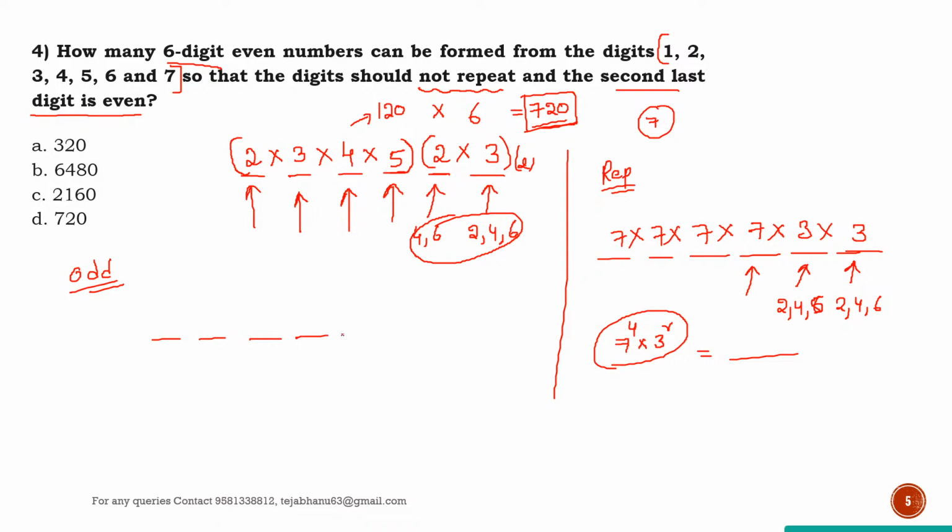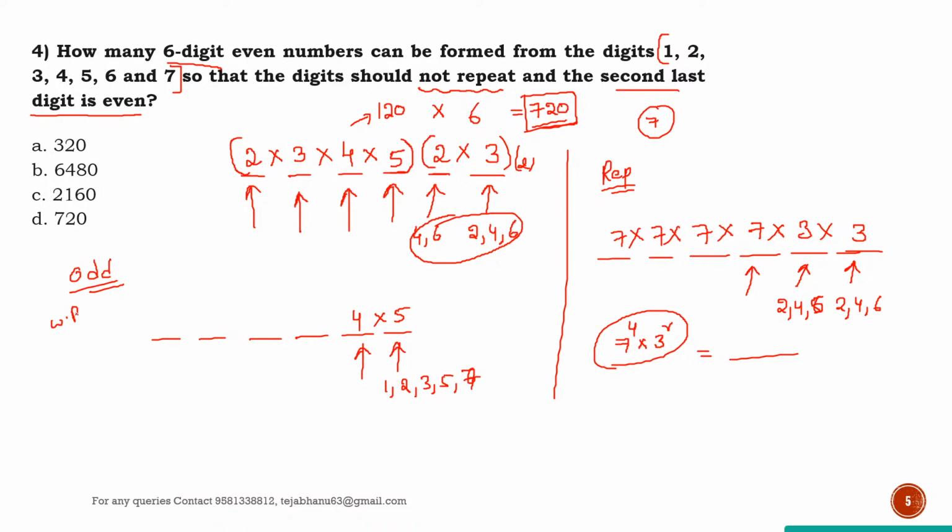He asked us to form a 6-digit odd number. We can substitute 1, 2, 3, 5, or 7. We have 5 choices here and we have 4 choices here.